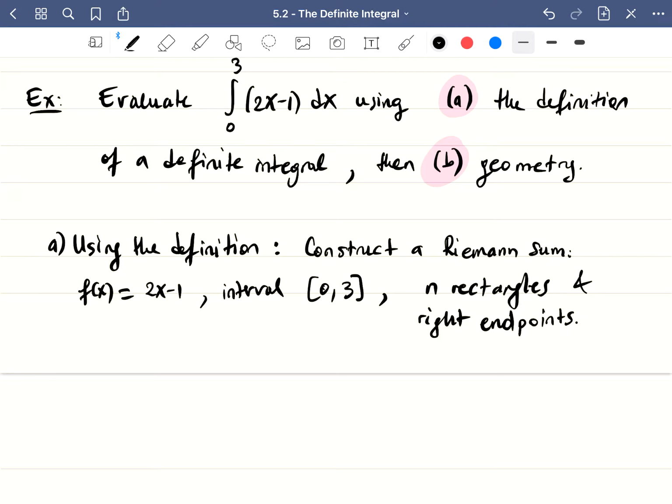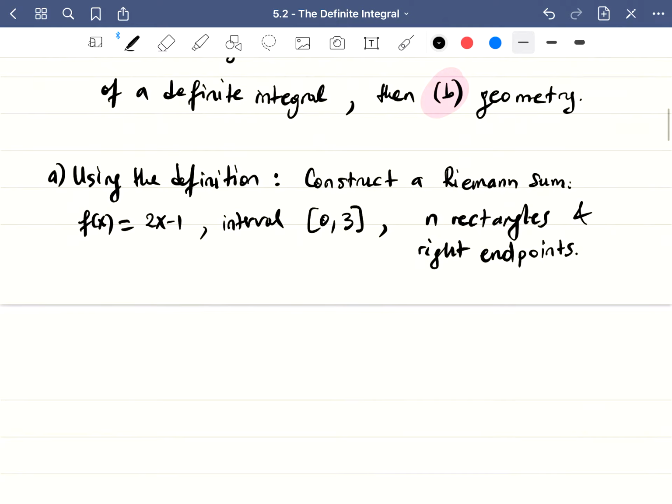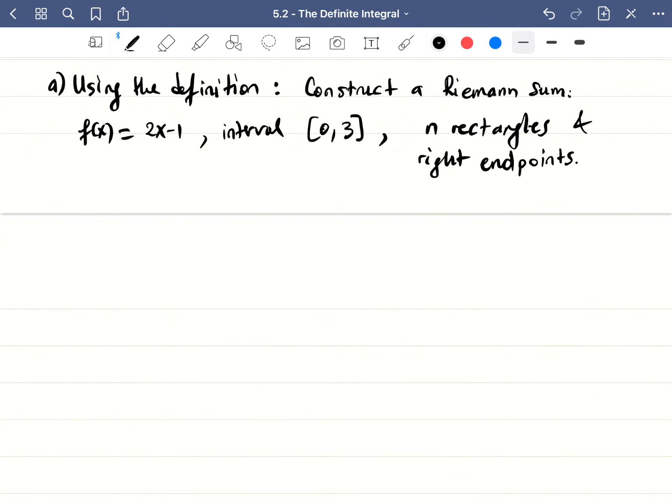Of course, you can use any points in the ith subinterval, but right endpoints or left endpoints are the easiest, and they actually all give you the same answer, so let's just do right endpoints.